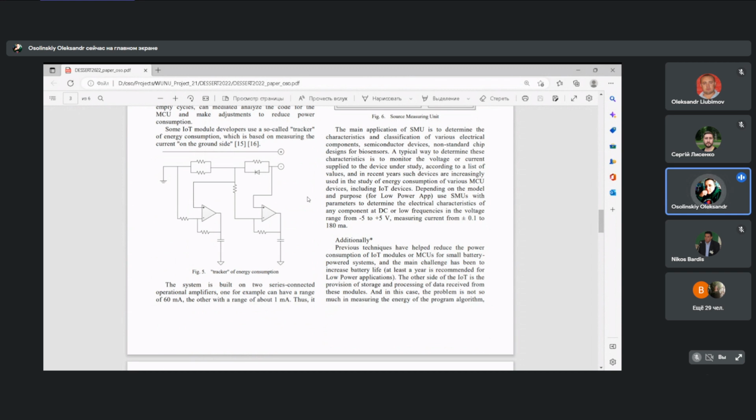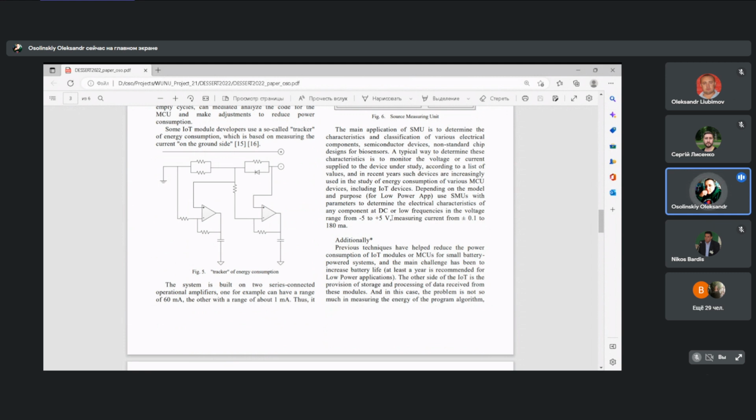But if we're talking about power consumption in the whole IoT industry, we need to remember high performance computing, for example operations on graphical processors.